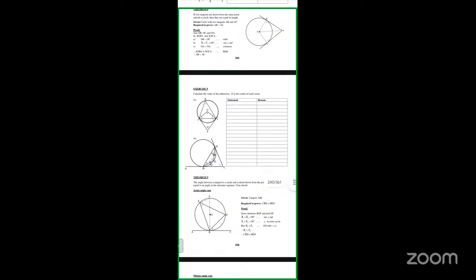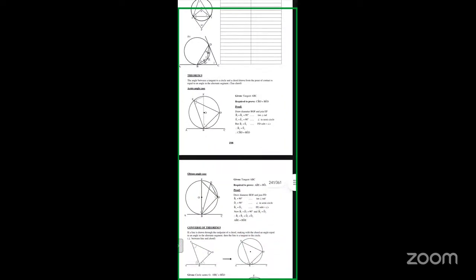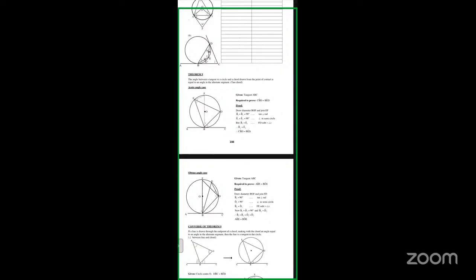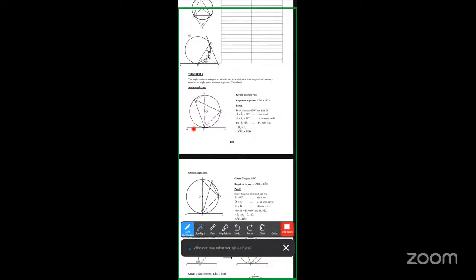Then we can move to the last theorem of the circle geometry before we tackle a few questions. Theorem 9 says the angle between the tangent, here is the tangent of ours, to this circle, and the chord.